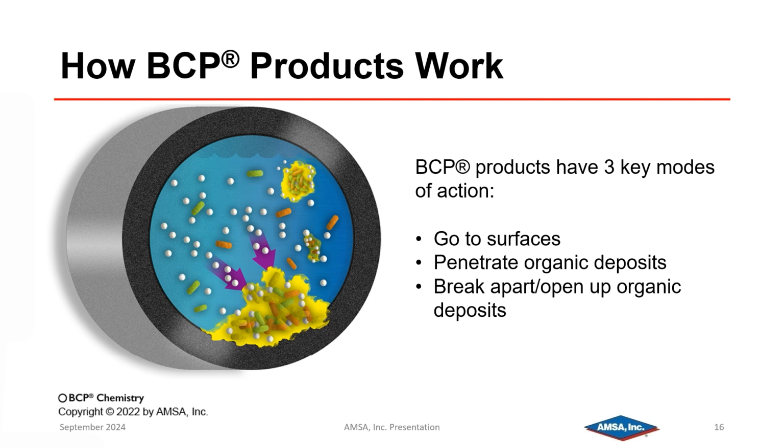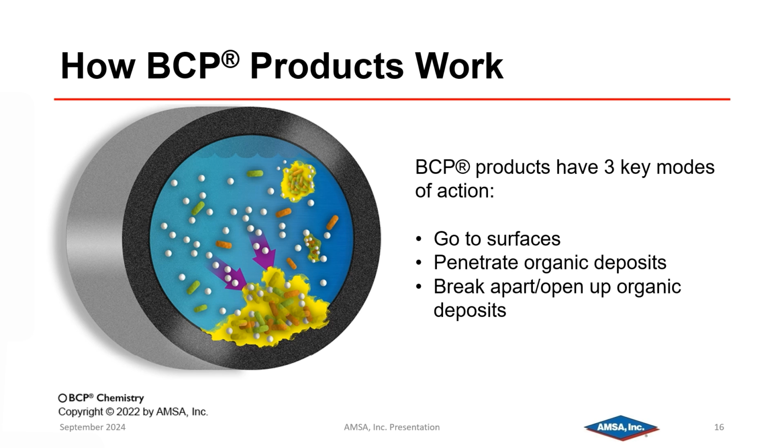Once the chemistry is inside of the deposit, there is another portion of the BCP chemistry molecules that acts as a chelation function, or it breaks apart the deposit. It is these three key modes of action that make AMSA BCP products very efficient at penetrating, breaking apart, and weakening biofilm deposits.